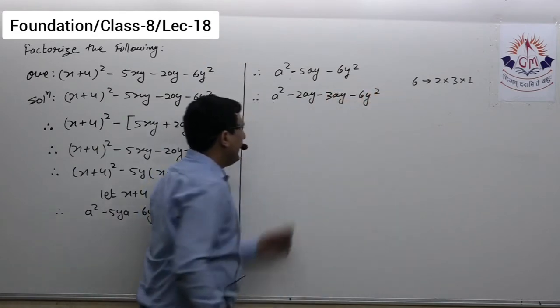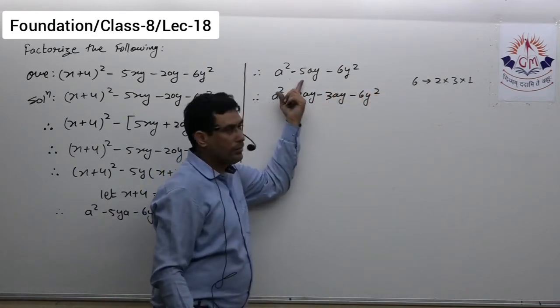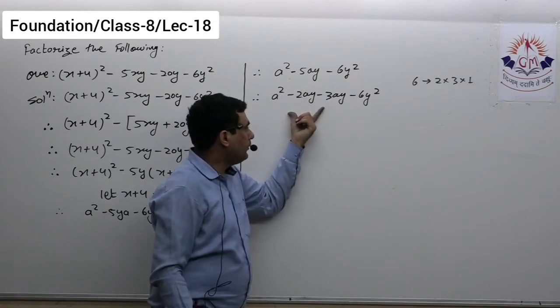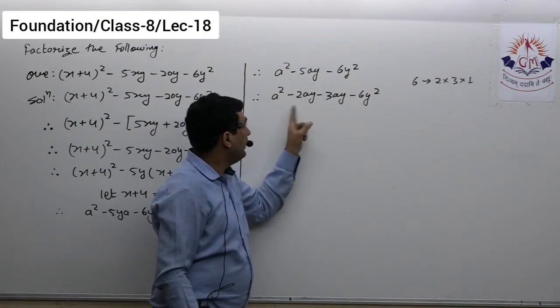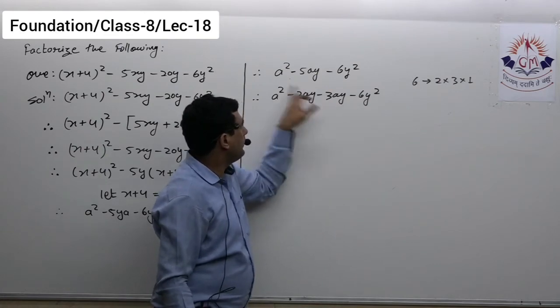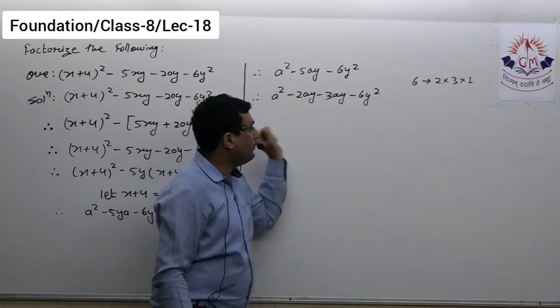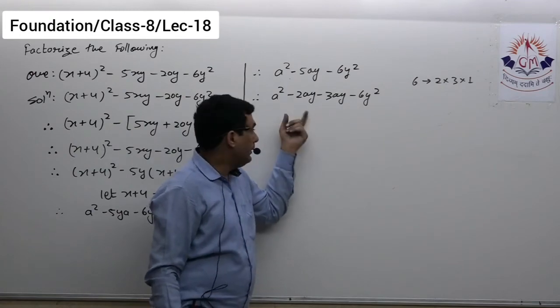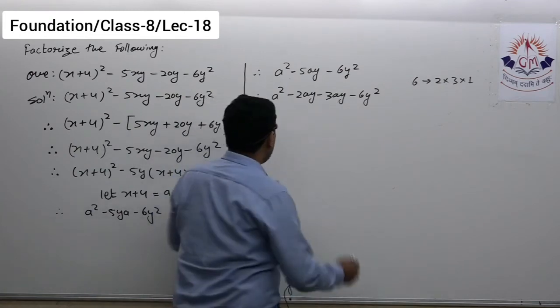Now I check whether their sum is this or not. Yes. Whether the product of these two is plus 6a square y square. But the product of first and last must be minus. That means these terms are incorrect.